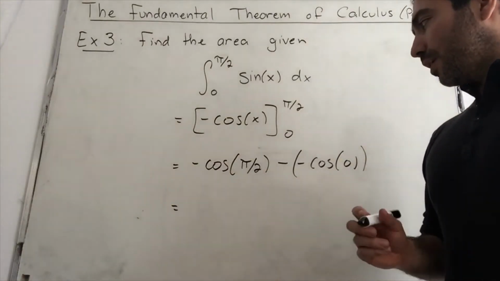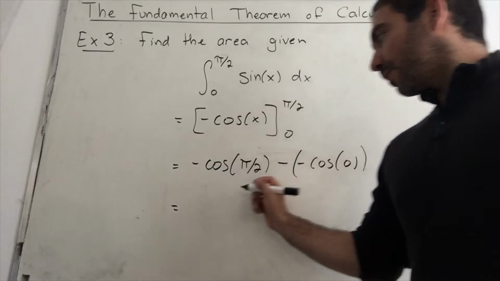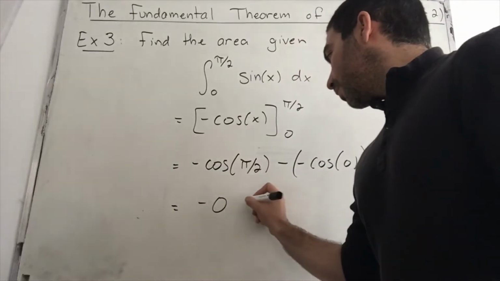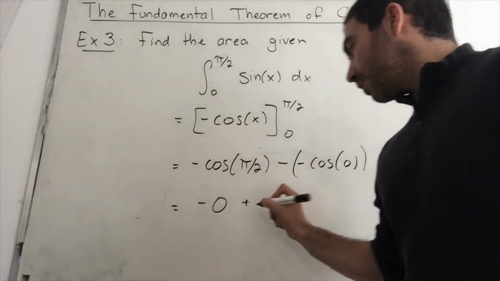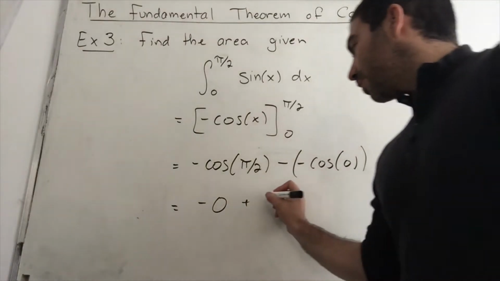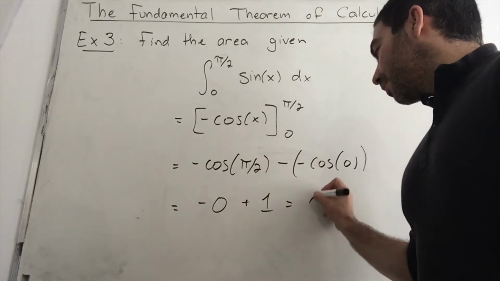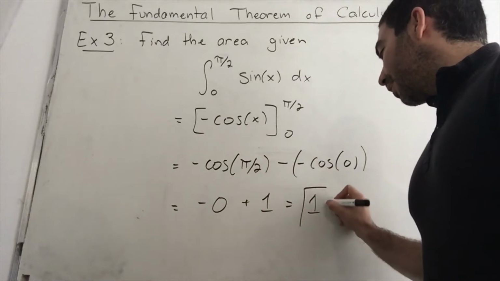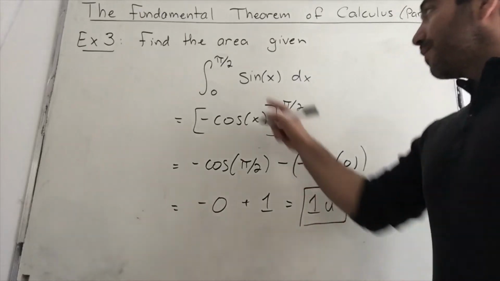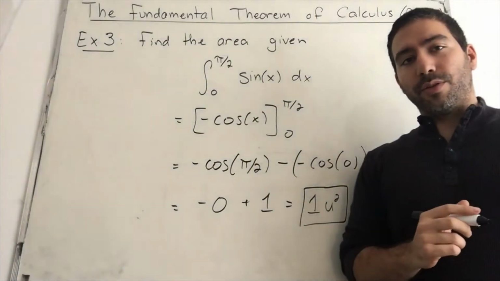Cos of pi over 2 is 0. Right. So we had -0 minus negative turns into a plus, and cos of 0, again, from the unit circle, cos of 0 is 1. So this gives us -0 plus 1, which is just 1. So the area under the curve of sine x from 0 to pi over 2 is simply 1 unit squared.